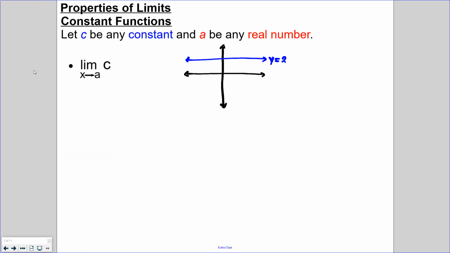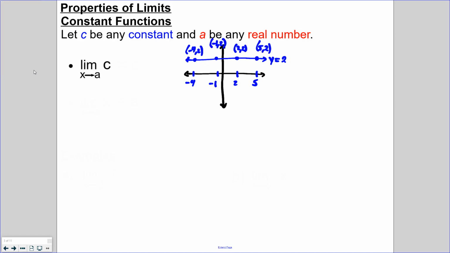So no matter what point I pick as an x value for this particular function, I know the height or the output will always be 2. So if I pick x equals -4, I'll get (-4, 2). If I pick -1, I'm going to get (-1, 2). If I pick 2, I'm going to get (2, 2). And let's just say I pick 5, I'll get (5, 2).